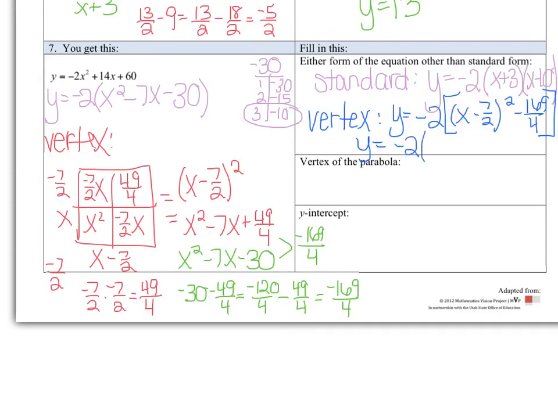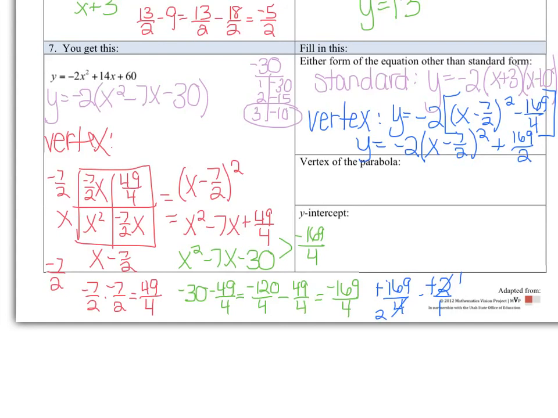So negative 2 times x minus 7 halves squared, and then I need to multiply negative 169 fourths times negative 2. Well, I've got two negatives, which make a positive, and I've got a 2 on top and a 4 on the bottom, so I can reduce that to 1 half, and this is going to give me positive 169 halves.